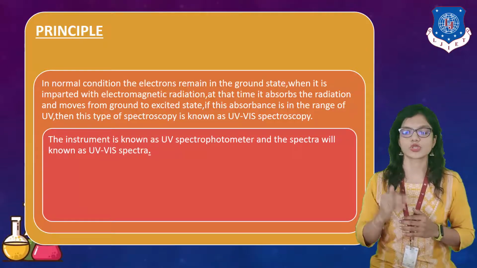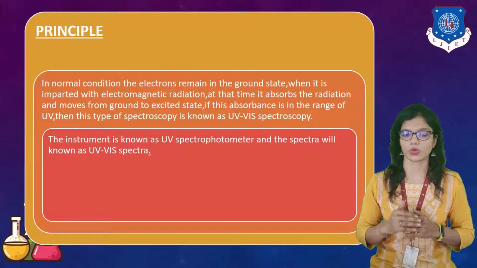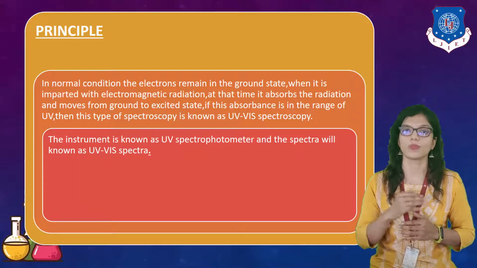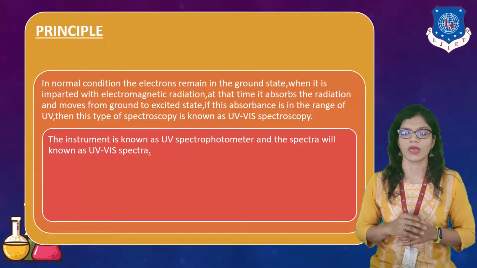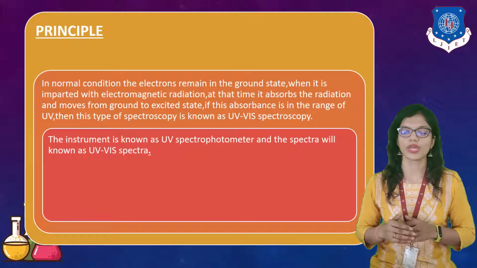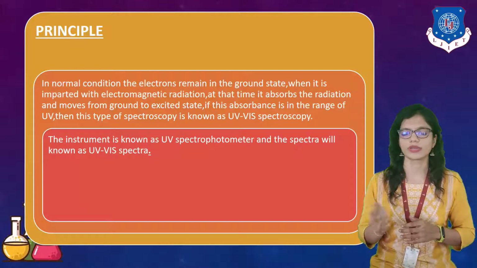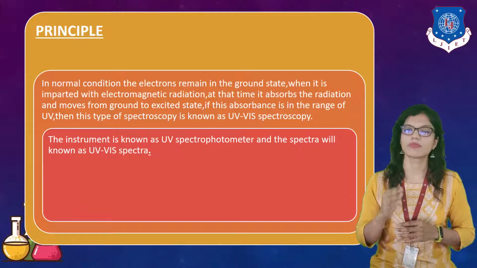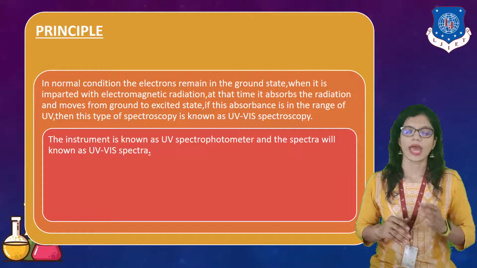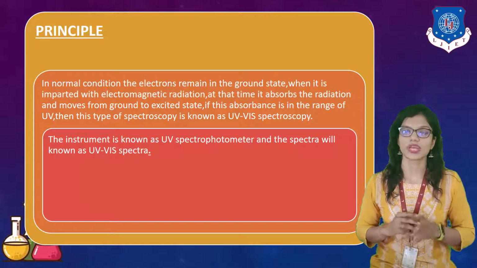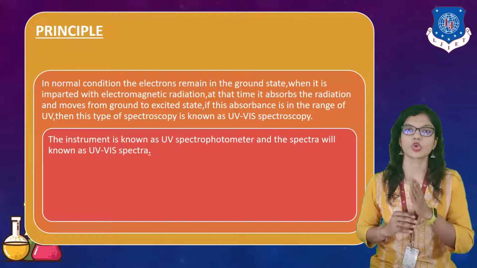Now if this absorbance is in the range of UV, then this type of spectroscopy is known as UV visible spectroscopy. The instrument is known as a UV spectrophotometer. The spectra is known as UV visible spectra, and the technique is known as UV visible spectroscopy.